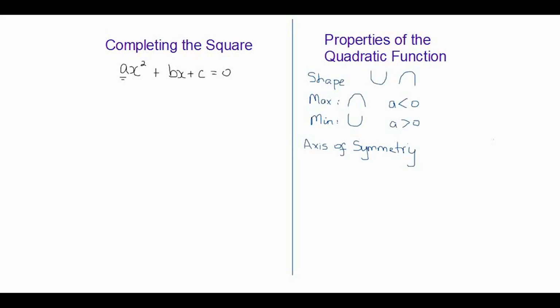When we talk about the axis of symmetry, we're talking about that line where our curve is going to be symmetric about. And this particular line occurs when x is equal to minus b over 2a.